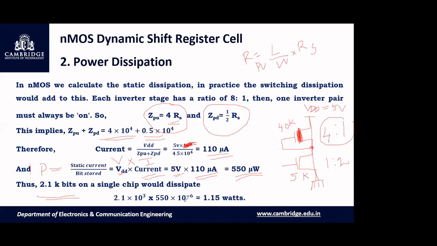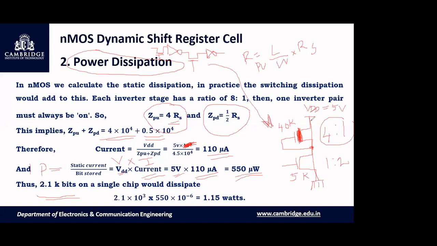Here we are trying to find power dissipation in the NMOS dynamic shift register. In the NMOS dynamic shift register, we have 2 pass transistors and 2 inverters. At a time, one inverter will be on; both will not be on at the same time. That is why we'll take only one inverter. So for this inverter, we are trying to find power dissipation.